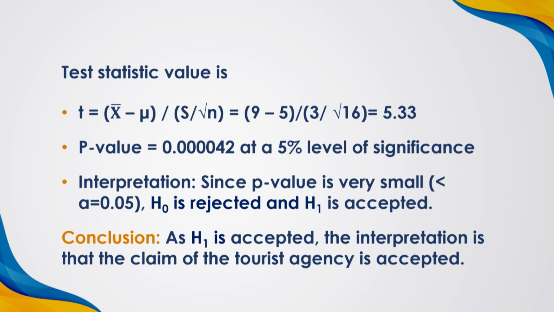Interpretation: the p value is very small compared to the level of significance alpha, which means that we have to reject the null hypothesis and accept the alternative hypothesis. The conclusion is that H1 is accepted, in the sense that the claim by the agency that the number of vacation days is more than or equal to 5 is accepted.